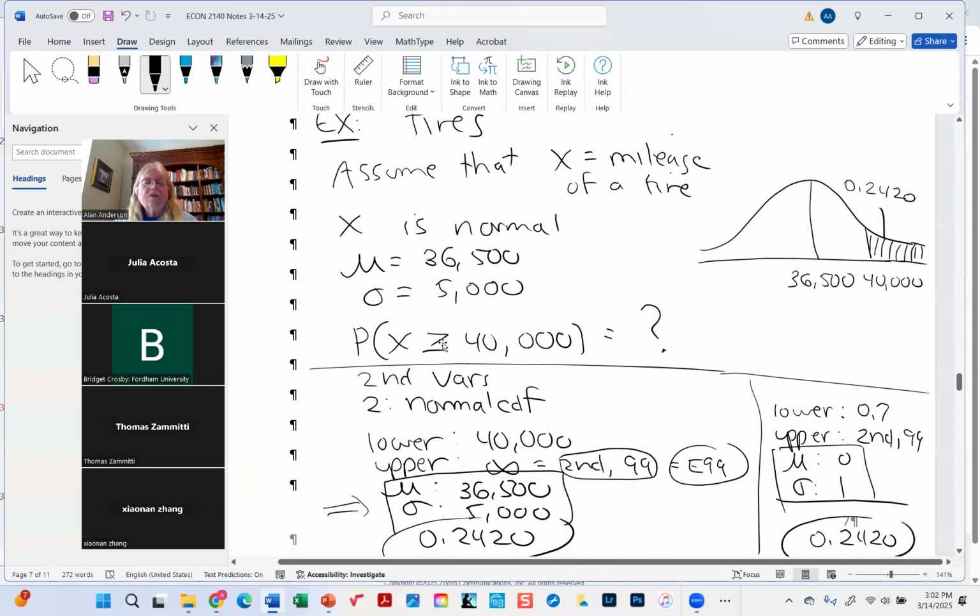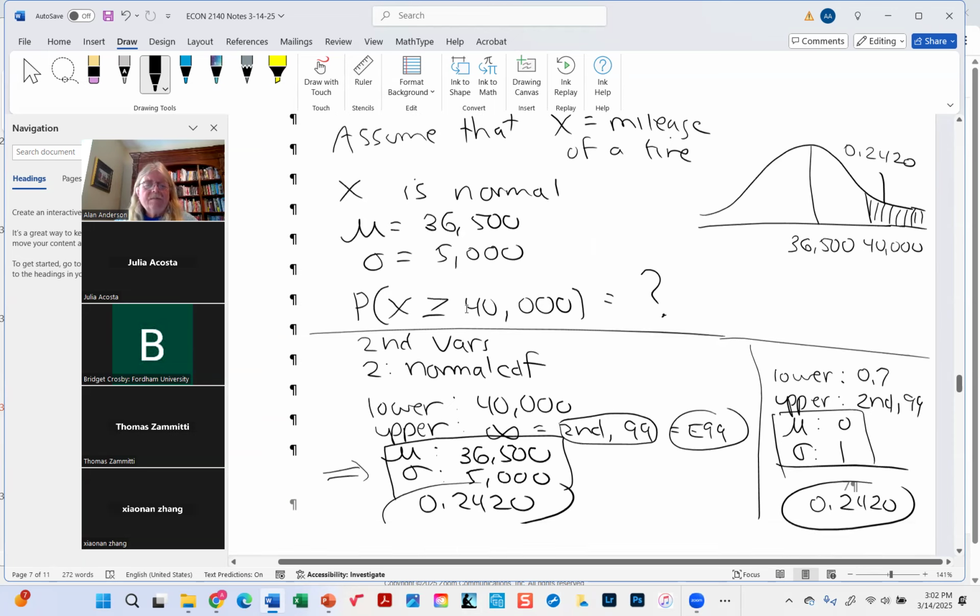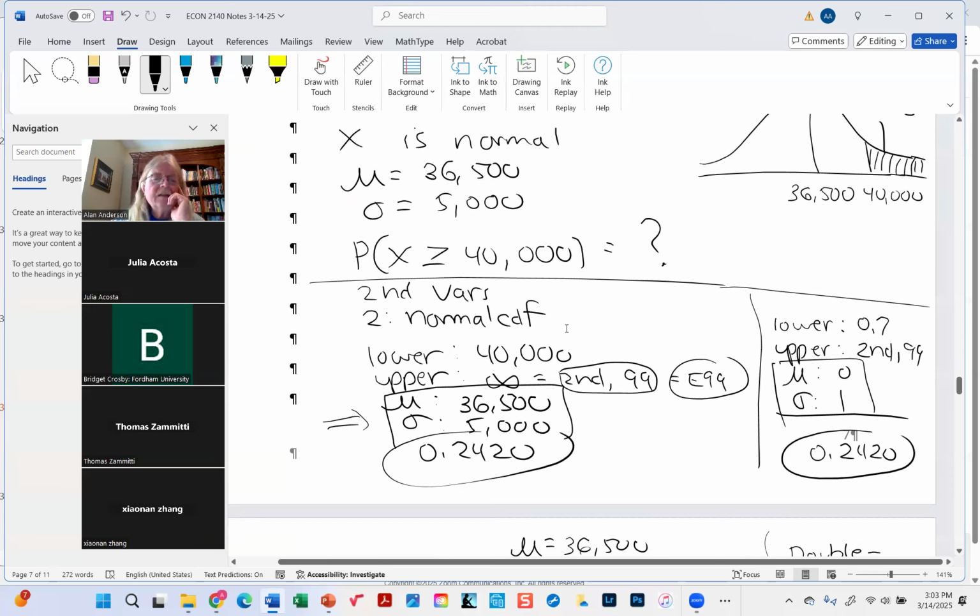So that means here's what we're trying to find out. All right, here's the graph. Well, I've already spoiled the surprise by showing you the answer, but how would you get this number? So you go back to your friend, the second VARS and normal CDF, and just like before, because this area is in the right tail, the lower limit is that number 40,000.